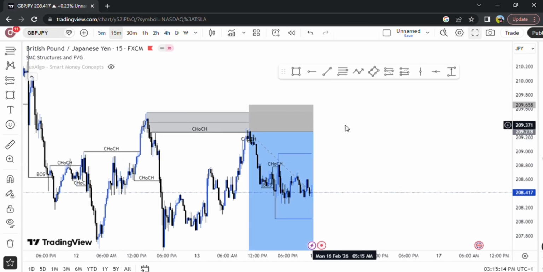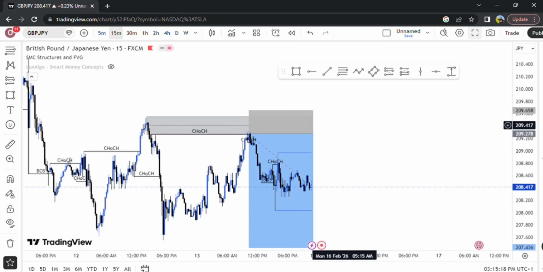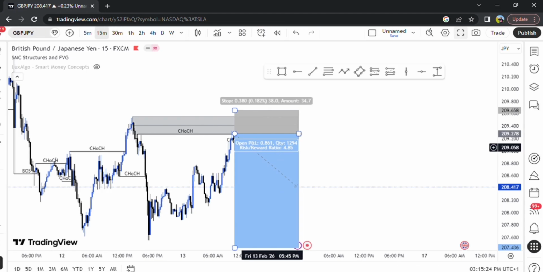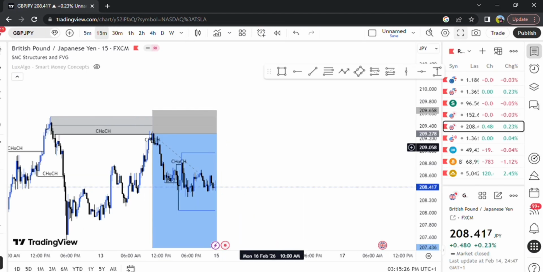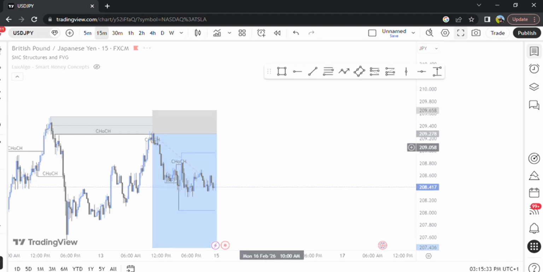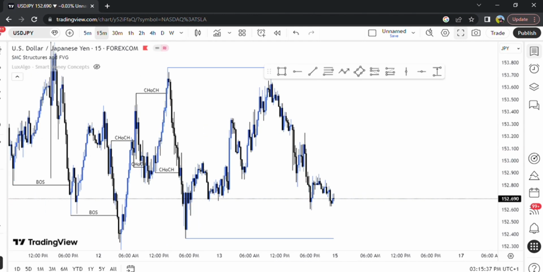This was what we have here, and the same move also happened in UJ. Let me show you guys. Where is UJ? The same thing happened in UJ. Let's see if it's going to open. Okay, you can see it here.